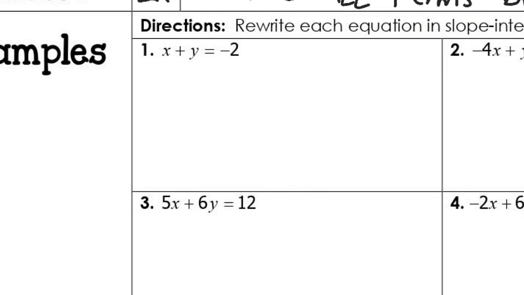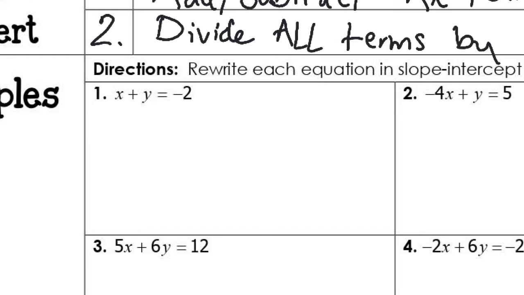So let's take a look at example 1. We have the equation x plus y equals -2. This is written in standard form. Now my first step is to add or subtract that ax. And really what is here is a 1x. So I'm going to subtract 1x on both sides of my equation.